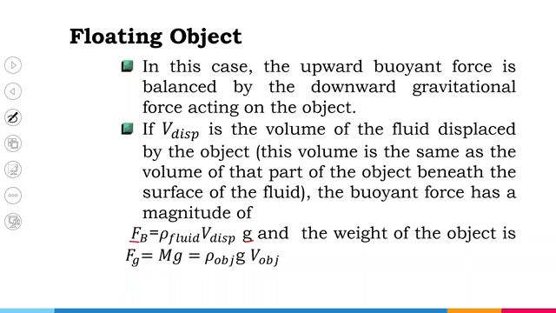This V displaced is equal to the part of the object below the surface of the fluid, and the gravitational force Fg is equal to the density of the object times the gravitational acceleration times the volume of the object.